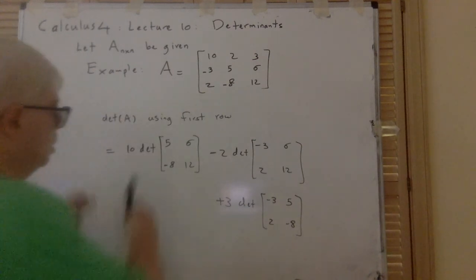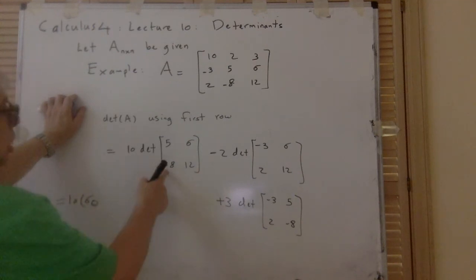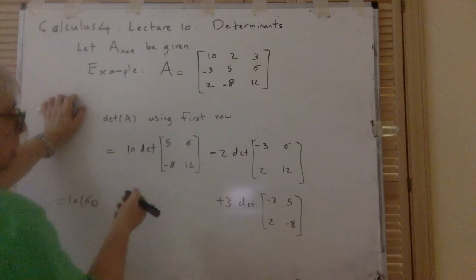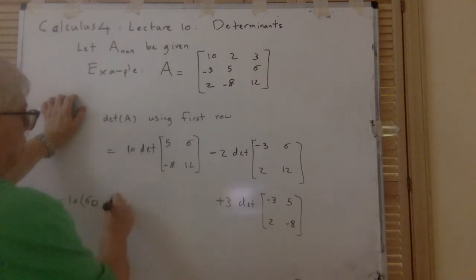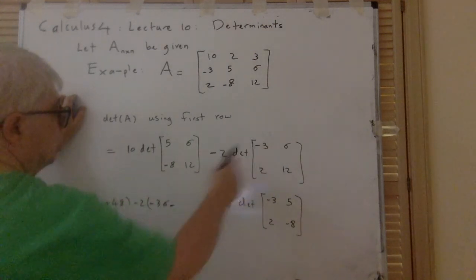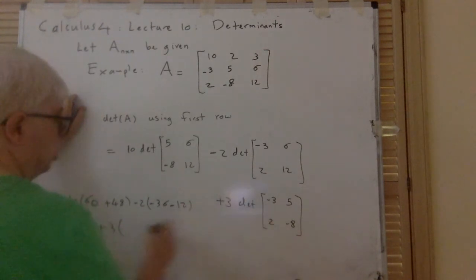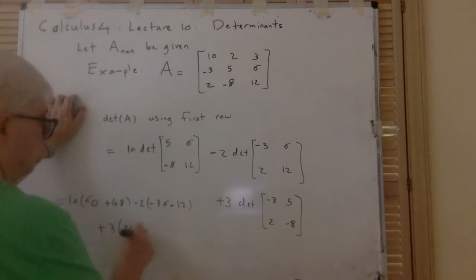And we know how to find determinants of 2 by 2. So let's find it. This equals 10 times 5 times 12 is 60, right? 5 times 12 is 60. Minus this, minus is plus 48. Minus 2 times minus 36 minus 12, plus 3 times 24 minus 10.